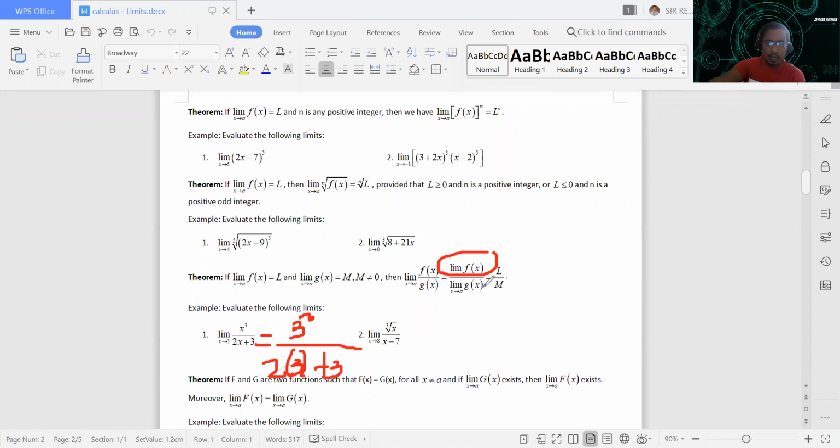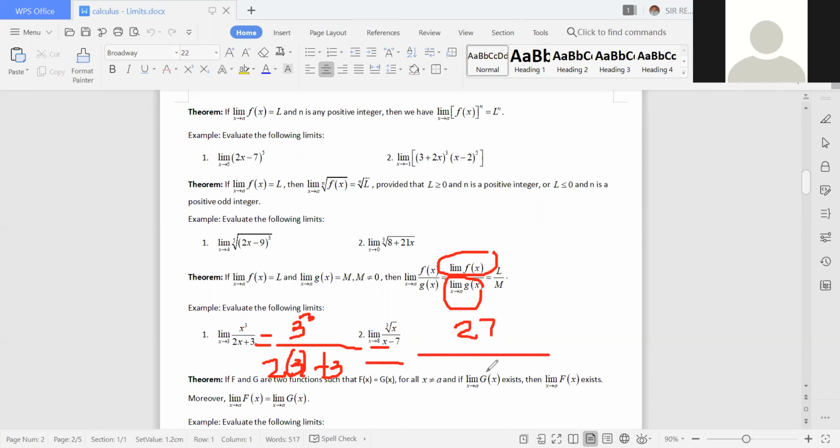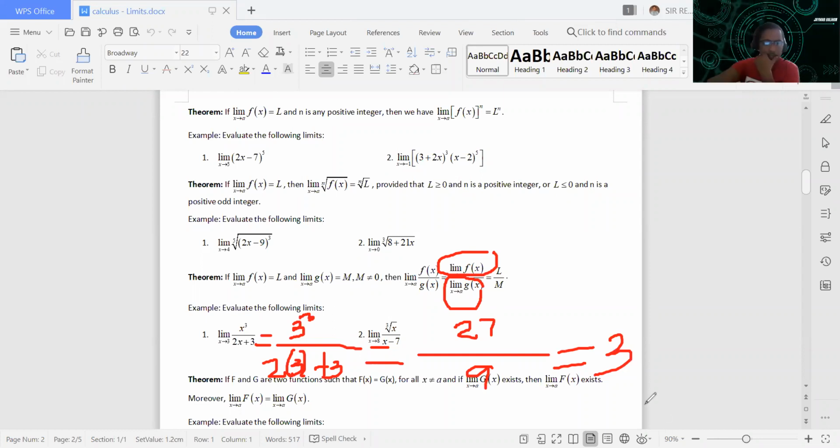And that is the limit of g of x as x approaches a. In this case, this is just equal to 27 over 9. Right? So what's the answer? 3. 3, right?